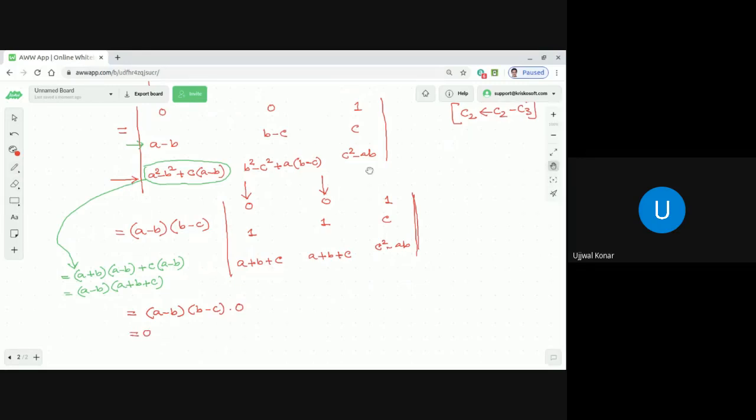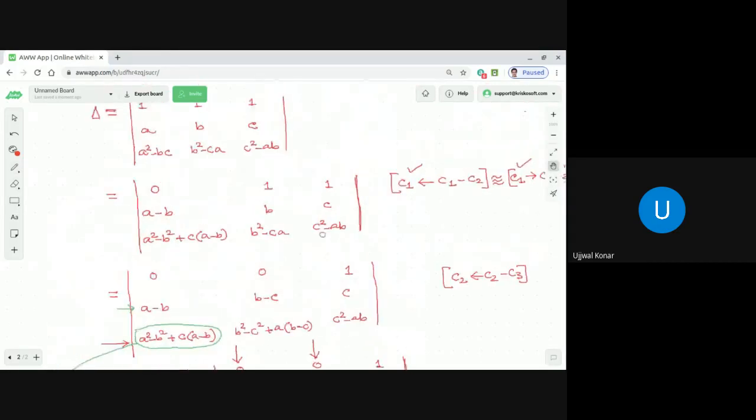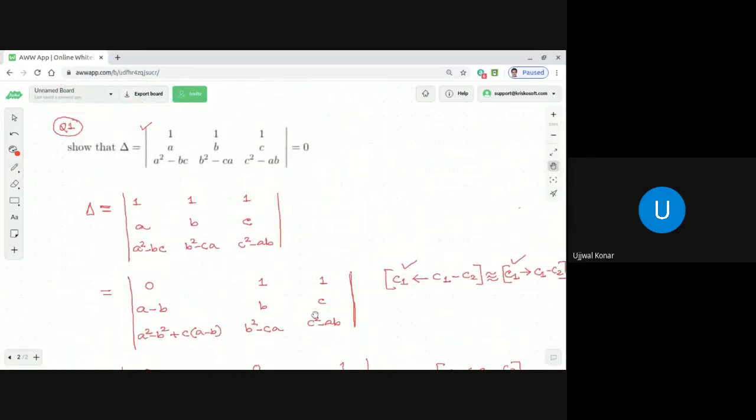So dear students, I did it slowly, but you can do it fast also because you are learning. That's why you should learn slowly so that each and everything is very clearly understood. But if you start finding the value of the determinant by expanding with respect to any row or any column, it will take relatively longer time.